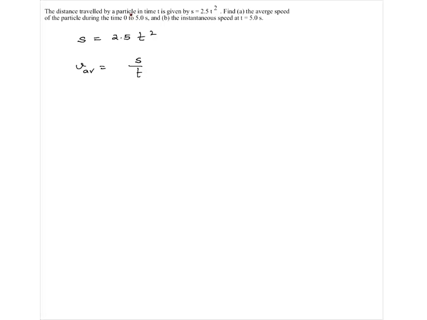When t was 0, S was, put t equal to 0 here, you will find S was 0. Maybe the particle was at the origin, and when t is 5, then S is how much? 2.5 into 5 square, which is how much? 25 into 2.5.